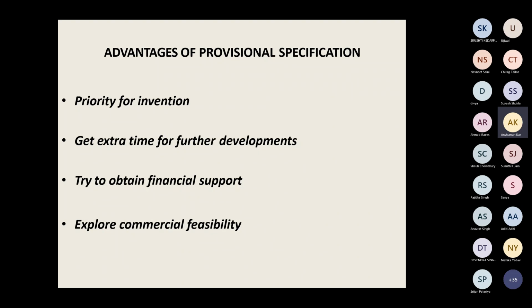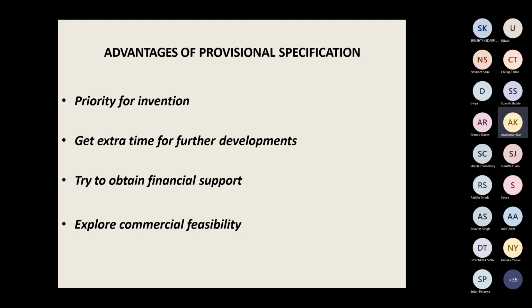So, in that case, I will take a priority over them. I will file a provisional application which has as much information as I have, and then I'll have 12 months with me. I'll complete my invention and I'll file a complete one by the end of 12 months. Because I have already created a priority, let's say I have filed the provisional specification on 1st January 2023.